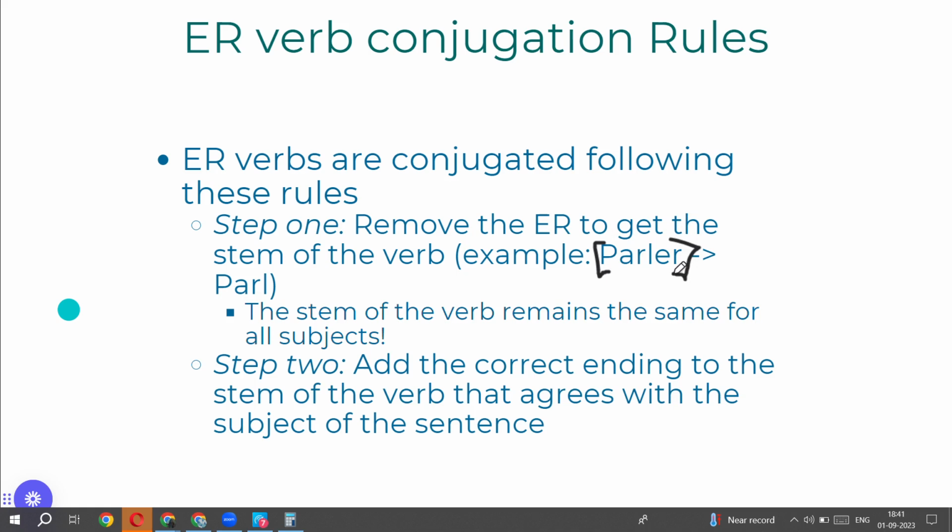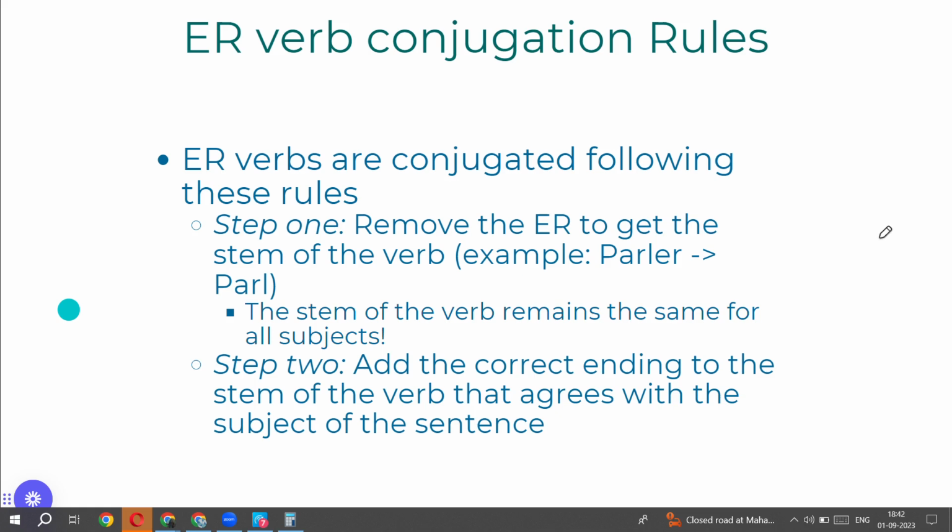To obtain the stem of the verb, you'll have to remove the ER here, and you'll be left with parl. Parl will be considered as the stem of the verb. The stem of the verb remains the same for all the subjects. That means that whether the subject is je, that means I, tu, that means you, or any other subject, the stem will remain the same.